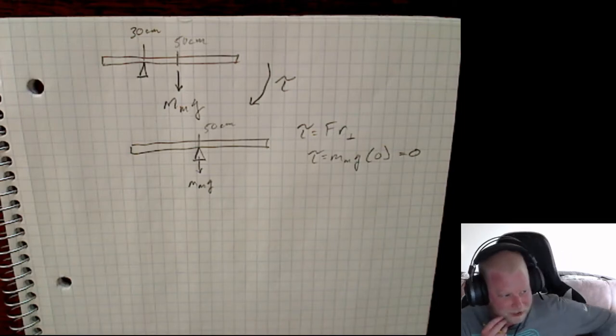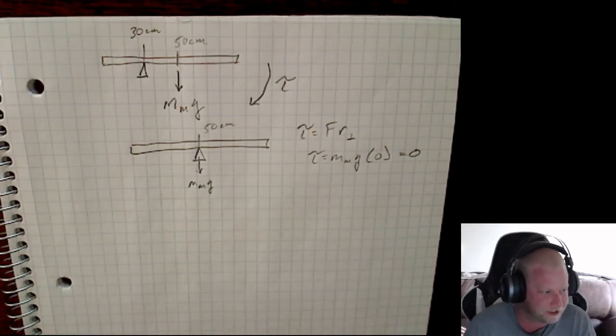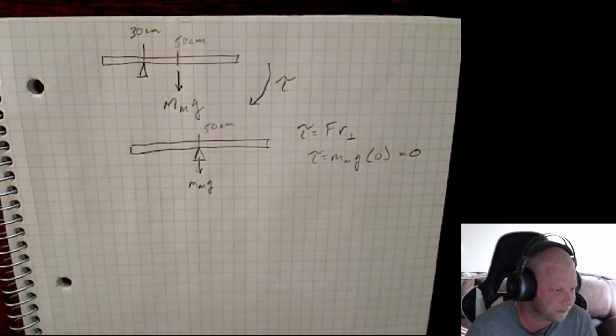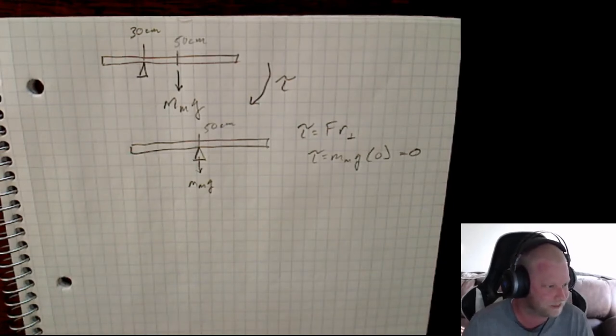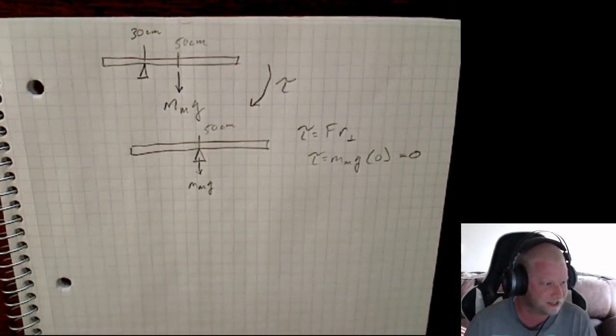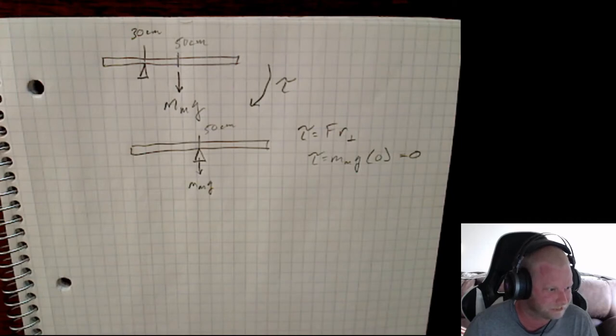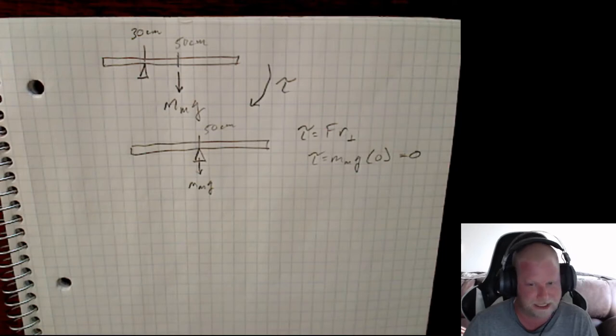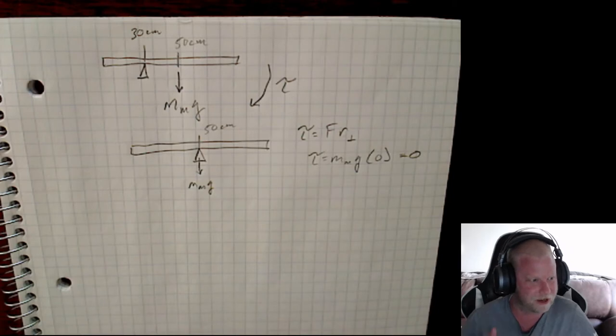And so that's why in the last problem with the boy and his dog on the seesaw, we didn't have to take into account the weight of the seesaw itself generating any torque, because that pivot point on a seesaw is located centrally, and we consider the seesaw to be uniform. So the center of gravity is negated based off of there being no distance from the pivot itself. The center of gravity of the seesaw is directly on top of your pivot point.